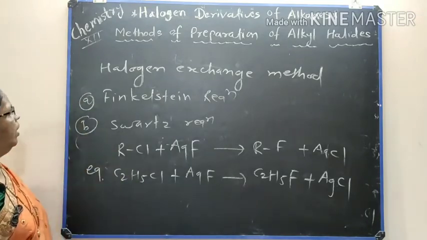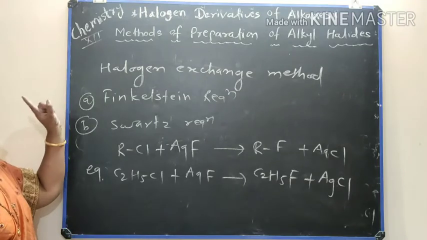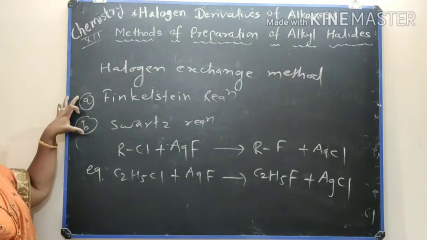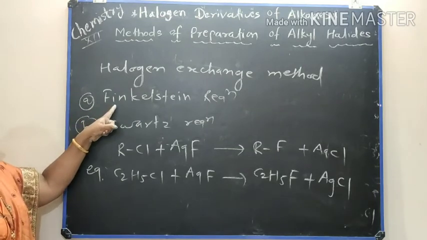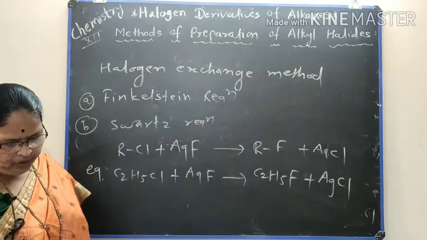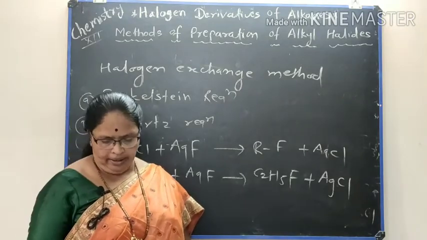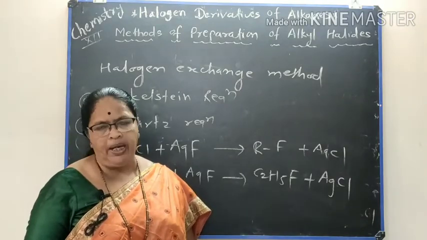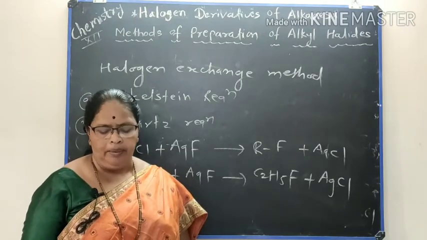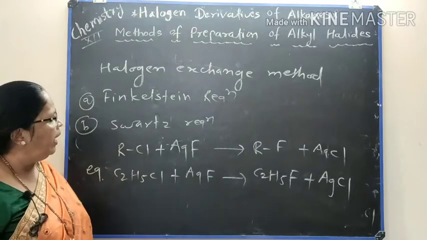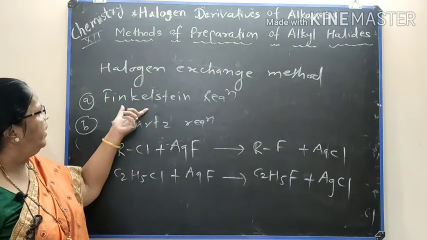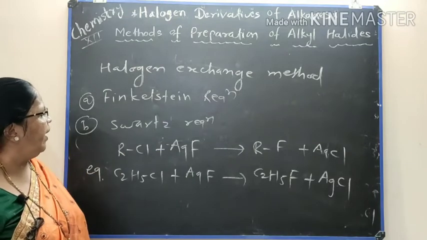Again, in the halogen exchange method there are two types of reaction, the Finkelstein reaction and the Schwarz reaction. In the Finkelstein reaction, alkyl chloride is treated with sodium iodide in the presence of acetone or methanol. Mainly alkyl iodides with sodium chloride are formed.